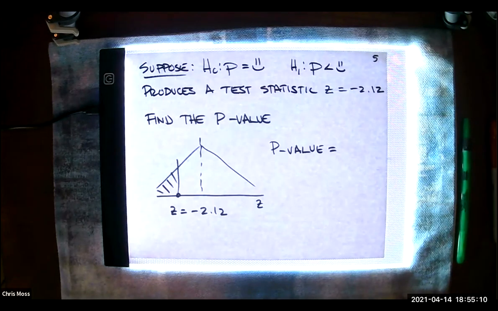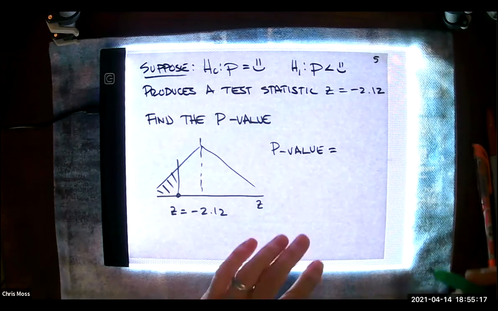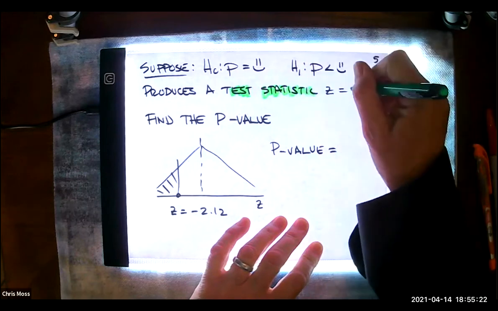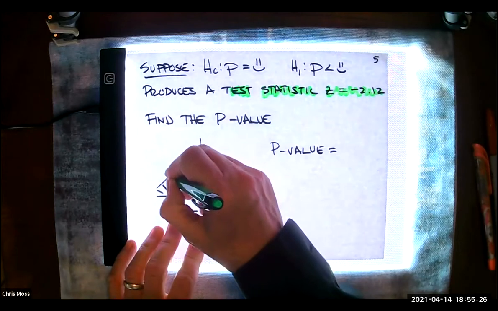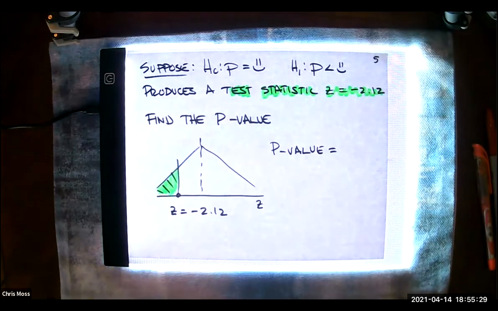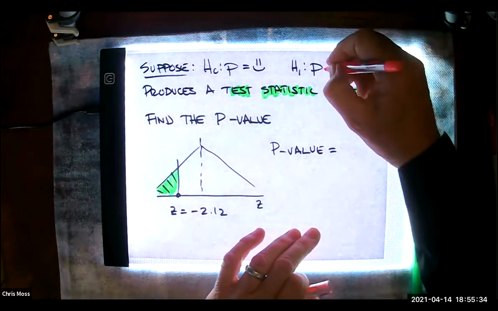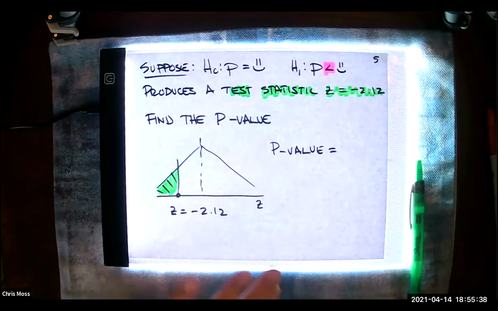So we have a test statistic of z equals negative 2.12. So that's my test statistic. The p-value will comprise just the left-hand side. How do I know it's just the left-hand side? Because we've got a left tail test. So that tells me I just have to look at the area to the left of my test statistic.